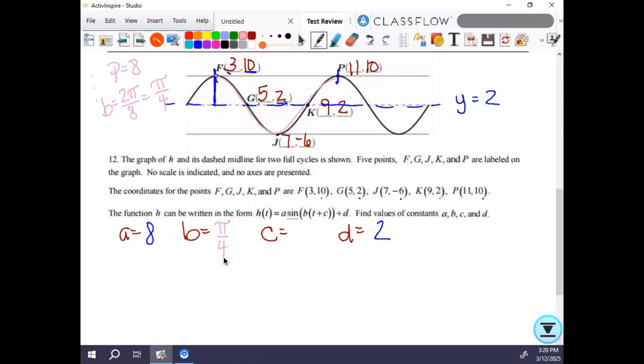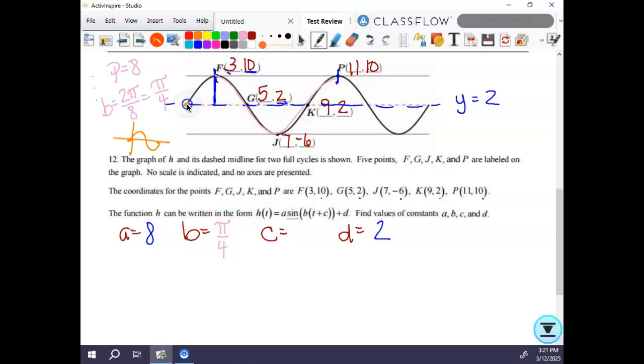Now, what I want to use for C is dependent upon whether or not I'm going to use this as a reflection, okay? I think maybe it would be easiest if we didn't use a reflection, if we just thought about it as sine, so it's going to look like this, and just think about starting the cycle here, which means I need to know how far I move it left or right.